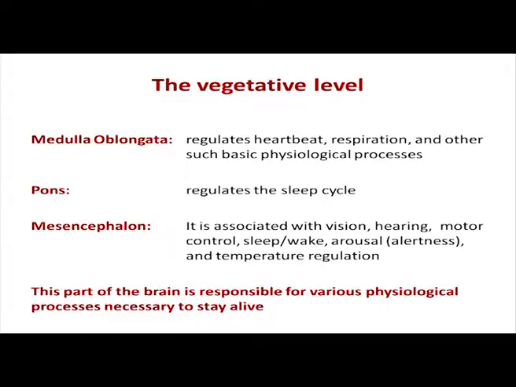So, primarily as you see, the vegetative level is responsible for the various physiological processes that are required to stay alive. So, we have spoken about the reticular activating system and the medulla oblongata, pons and mesencephalon, which are responsible for the physiological processes.